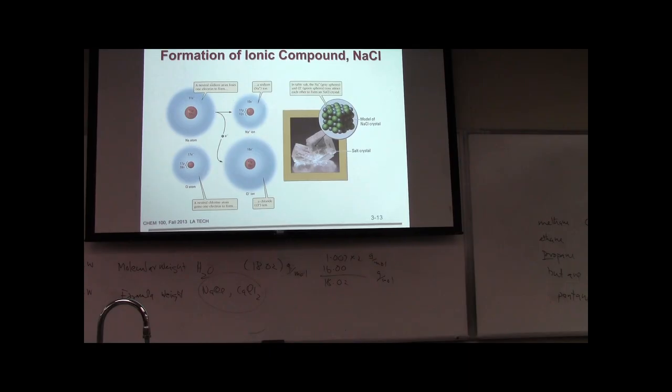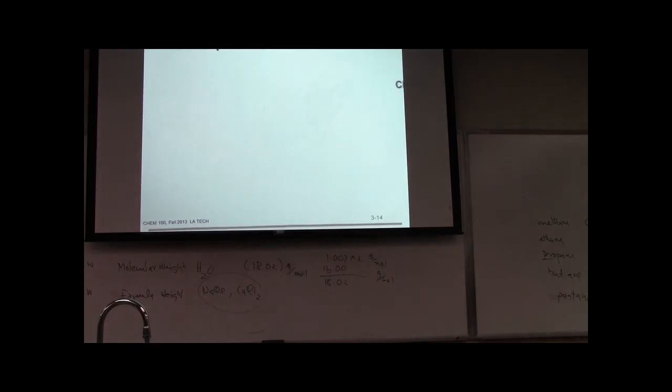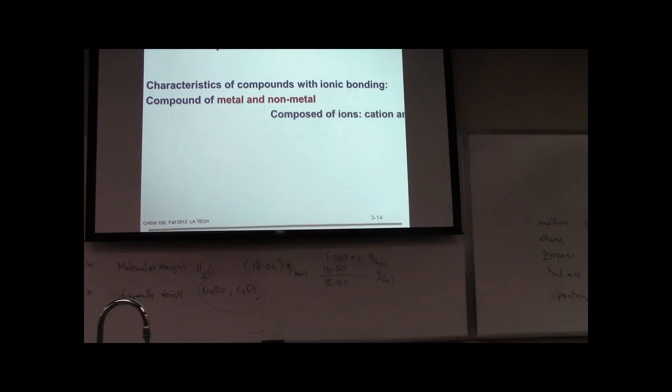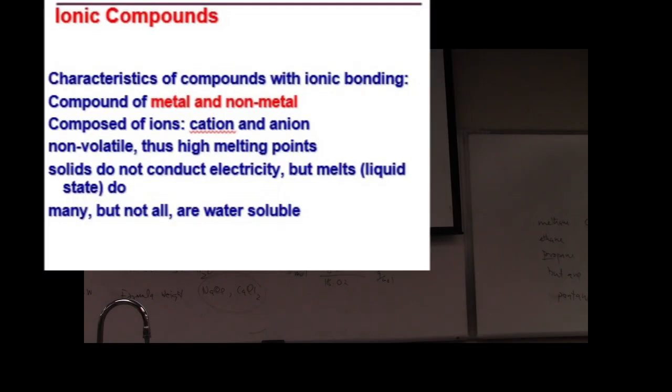Lattice of the ionic compound. Ionic bond is metal, non-metal, composed of ions, cations and anions. Summary: non-volatile, thus high melting point. Why is sodium chloride always a solid?